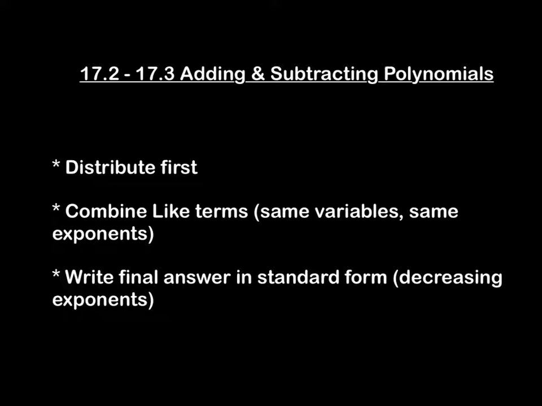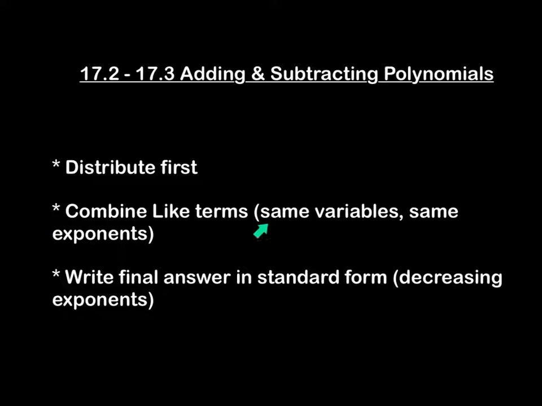All right, here's our lesson on adding and subtracting polynomials. Remember, polynomials are just algebraic expressions that have multiple terms in them. So today we talked about how many terms they had. There's 3 rules for today. So the first rule is that we need to distribute first. So if we have parentheses, we want to take care of that first thing. The next rule is that we need to combine like terms.